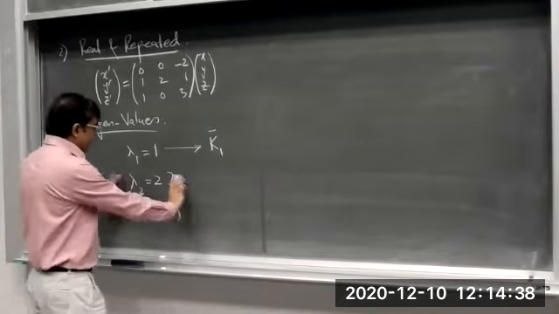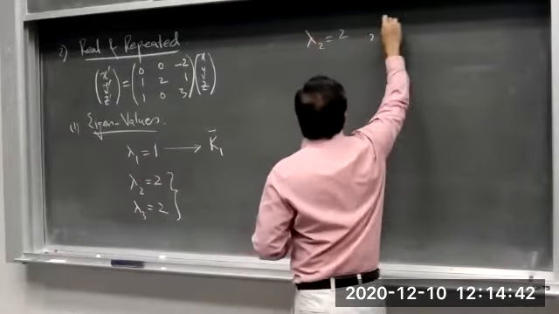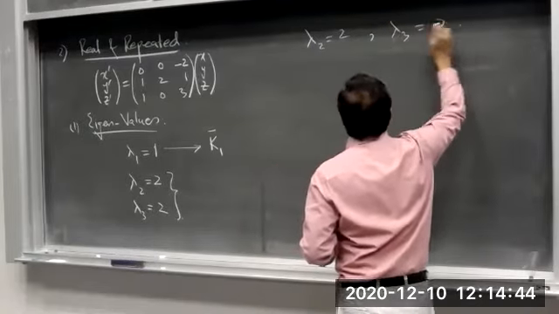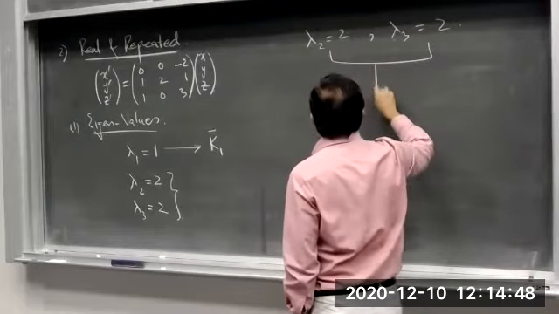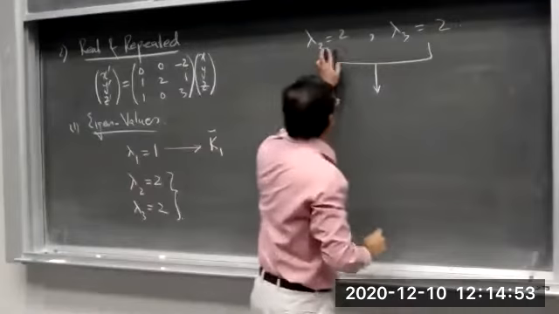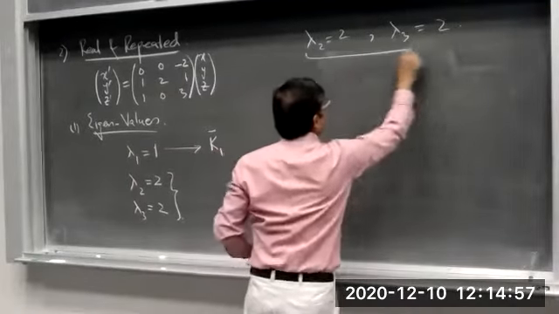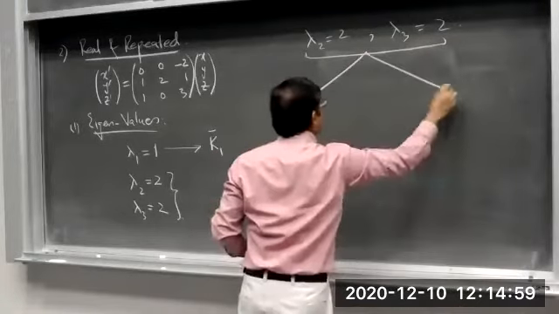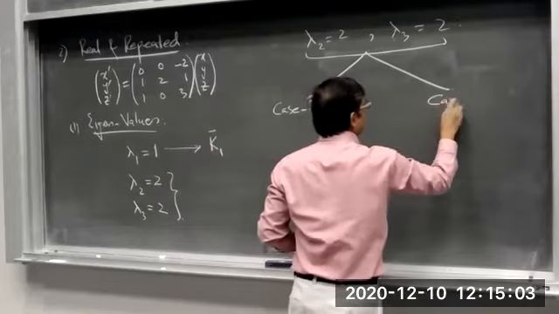Lambda 2 is 2 and lambda 3 is 2 again, repeated. Then there are 2 cases corresponding to this: case 1 and case 2.